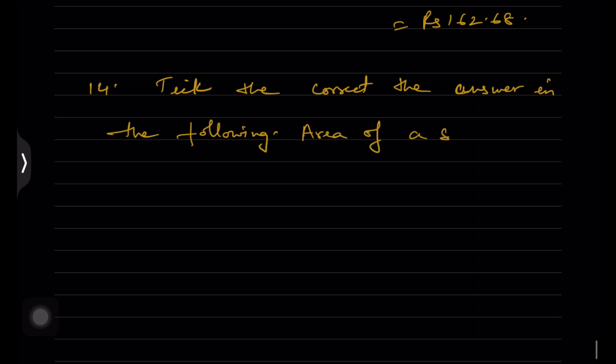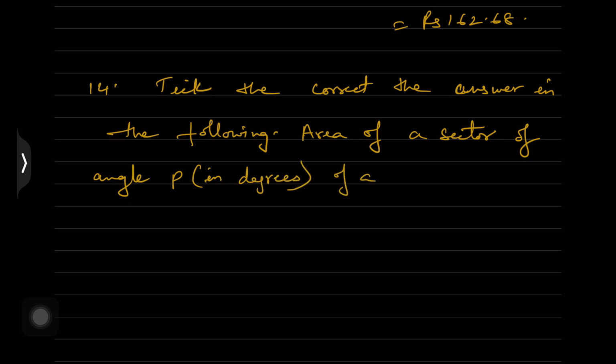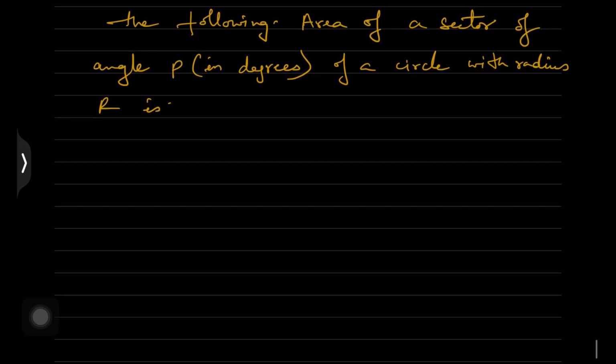Area of a sector of angle P in degrees of a circle with radius capital R is: A, P by 180 into 2 pi R. Second, P by 180 into pi R square.